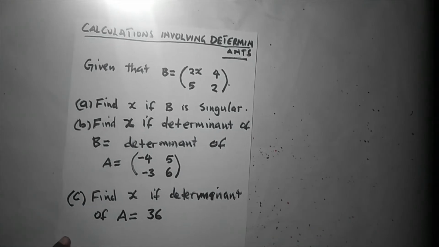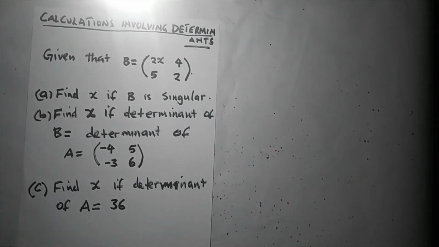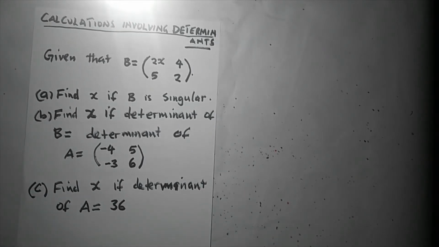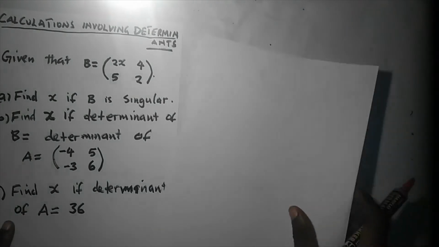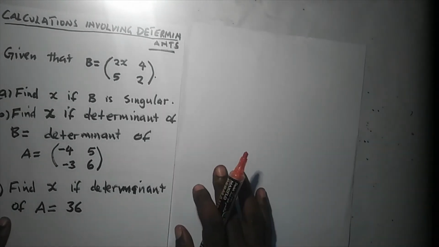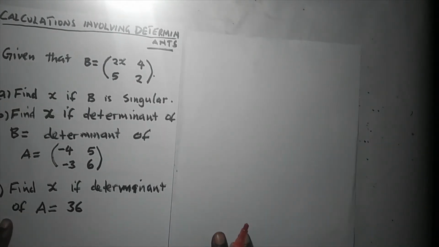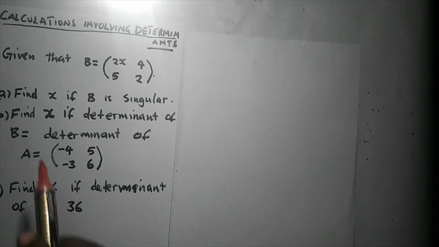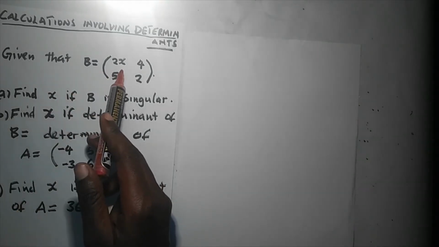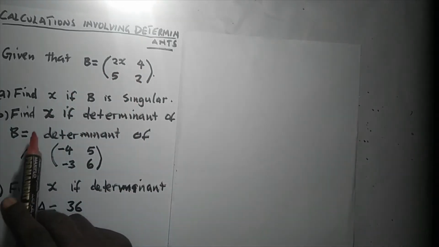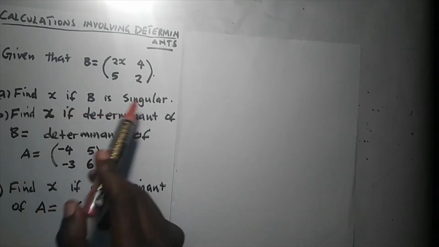We are now going to look at some calculations that involve determinants, and here is a question that we are going to use to help us. Let me just put this paper here so that we see what we can do about it. Given that b is equal to 2x, 4, 5, and 2, find x if b is singular.